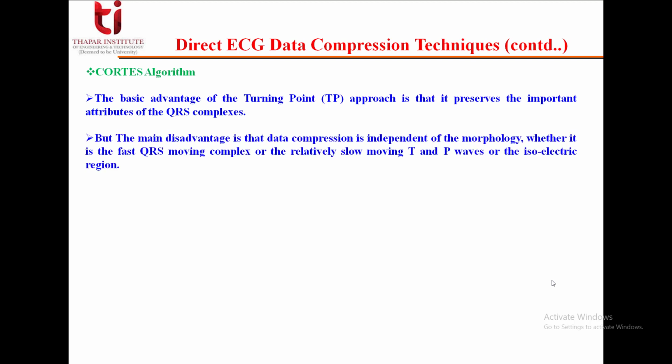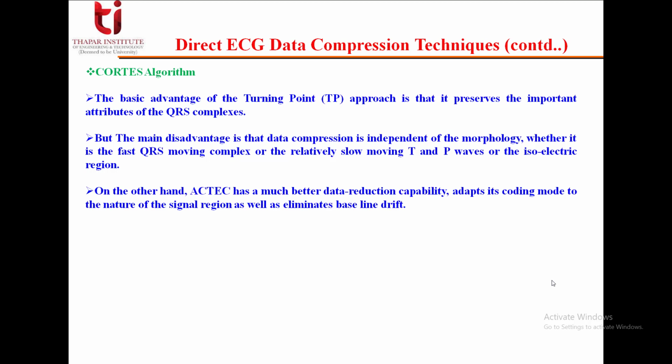But the main disadvantage was that data compression is independent of the morphology, whether it is the fast moving QRS complex or the relatively slow moving T and P waves or the isoelectric region. On the other hand, we have discussed AZTEC, which has a much better data reduction capability and adapts its coding more to the nature of the signal region as well as eliminates baseline drift.